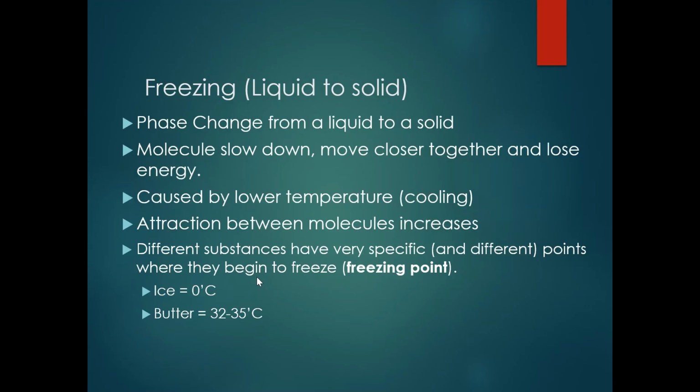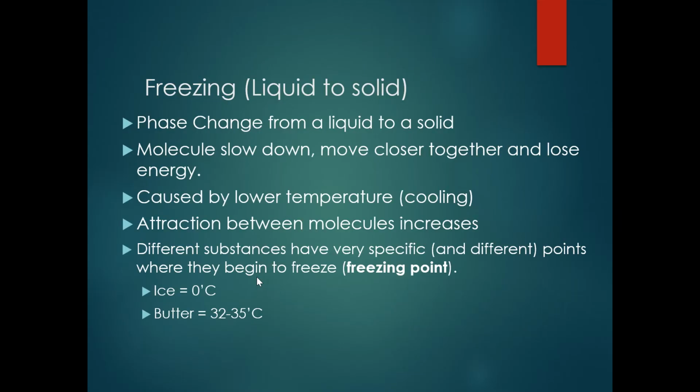The reverse of melting is freezing. When it goes from liquid to a solid, they slow down. How do they slow down? You remove heat or energy from the system, so you lower the temperature. You lower the temperature enough that sooner or later the attraction between the molecules is sufficient to have the molecules come in contact and become more organized.